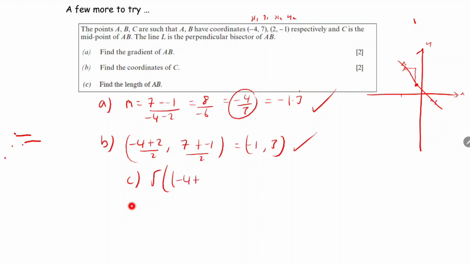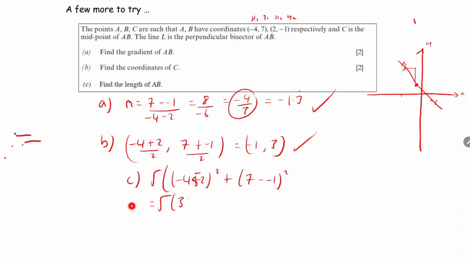And C, the length of AB, root of minus 4 plus 2 squared plus 7 minus, oops, sorry, I made a mistake here. Minus 4 minus 2, sorry, and 7 minus 1, which is equal to the root of minus 4 minus 2 is minus 6.